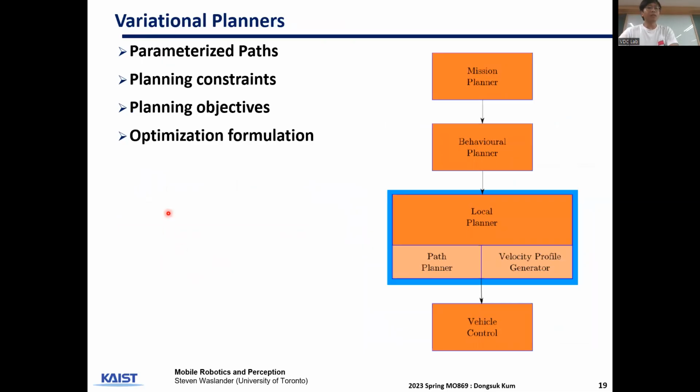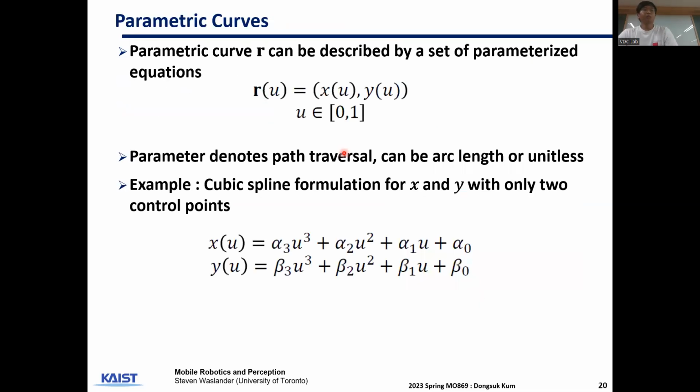For variational planners, we'll cover 4 main components, which are the parameterized paths, planning constraints, planning objectives, and optimization formulation. For parameterization, you usually use parametric curves to generate the plan.